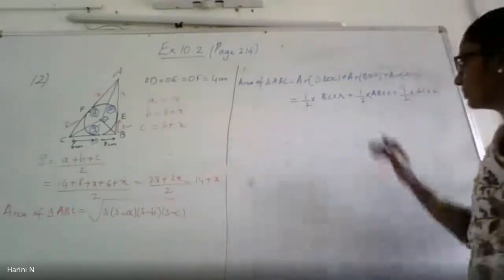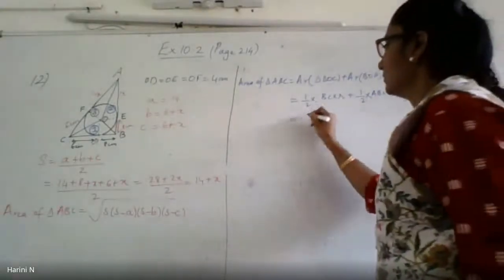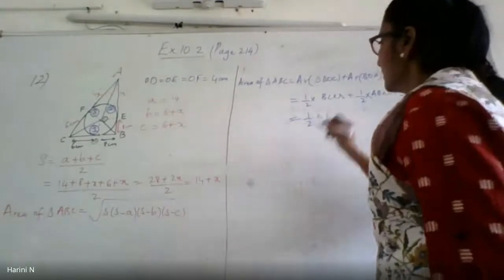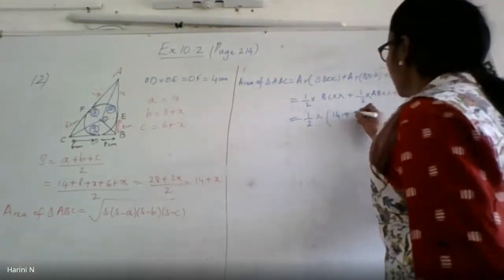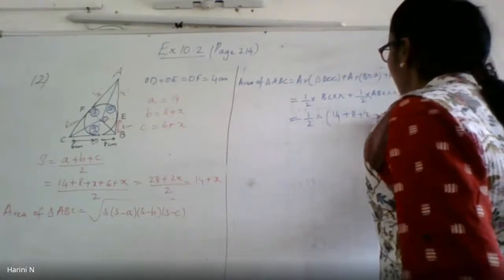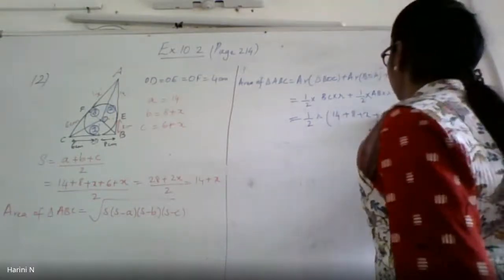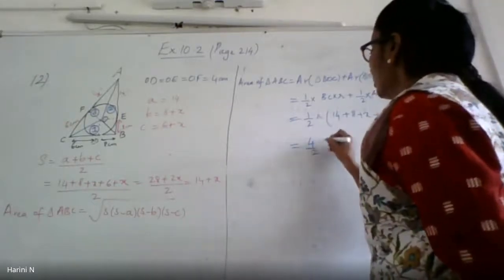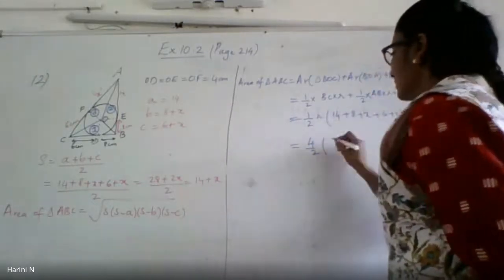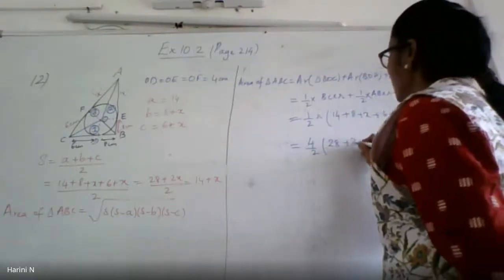Why am I not substituting? Because this half and r is a common factor for all the three terms. This will be BC is 14, AB is 8 plus x and AC is 6 plus x. r is 4. So 4 by 2. 14 plus 8 plus 6, that is 28 plus 2x.